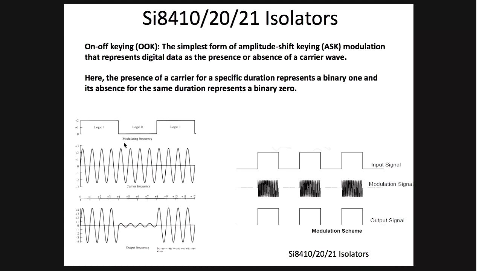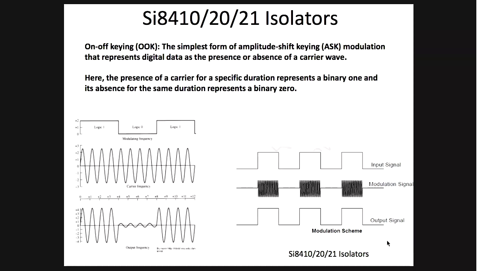Then what they do is they got a carrier frequency. This is your signal, and this is the carrier signal. If you are doing frequency modulation, what will happen is for logic 1 the signal frequency is there, and for this part the frequency is not there.